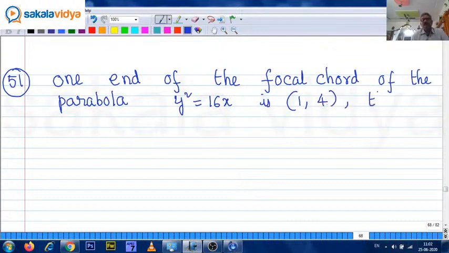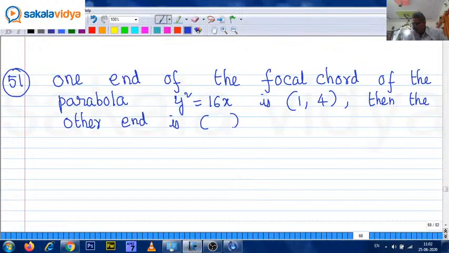Then the other end is? That means one extremity of the focal chord of the parabola y square equals 16x is given, 1 comma 4. The other extremity needs to be evaluated. So this is the question.